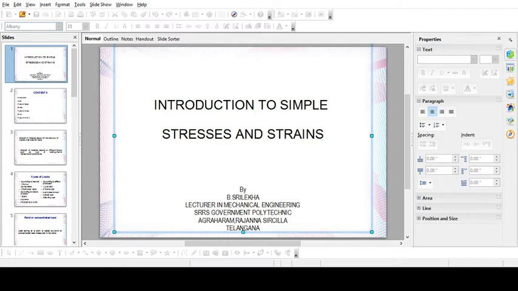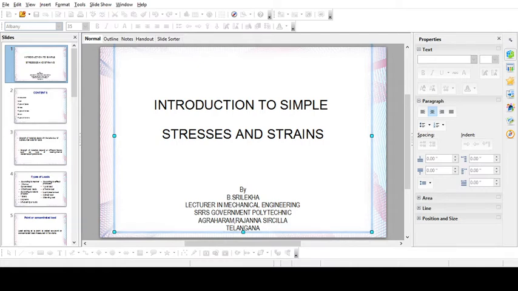Next, stress is nothing but the resistance offered by the body per unit area of cross section. We know that when external forces act on the body, it will undergo certain deformation. It means either a change in its dimensions will occur, or a change in its shape will occur.